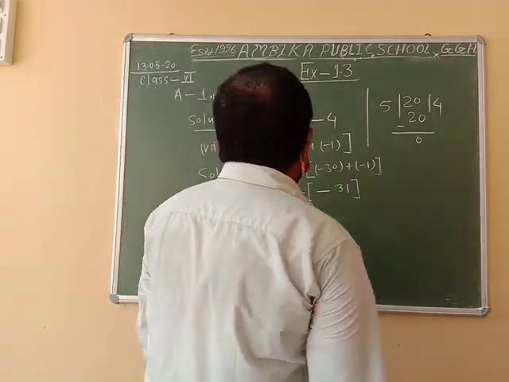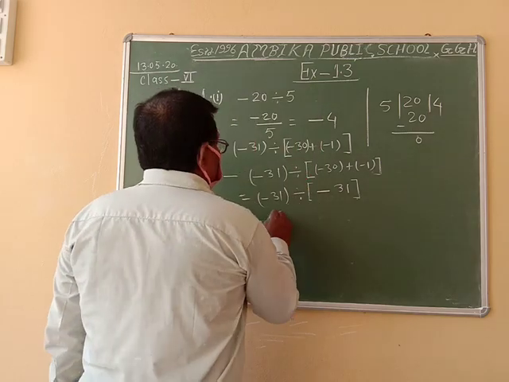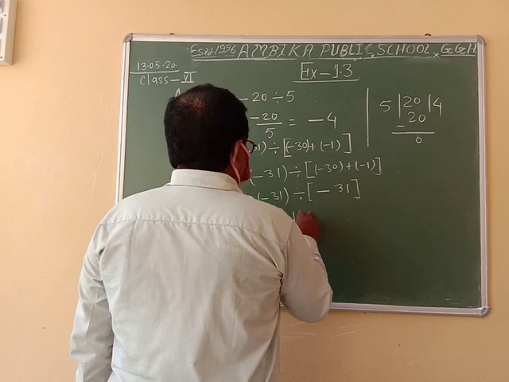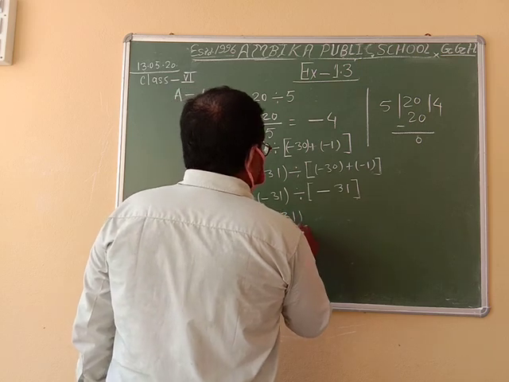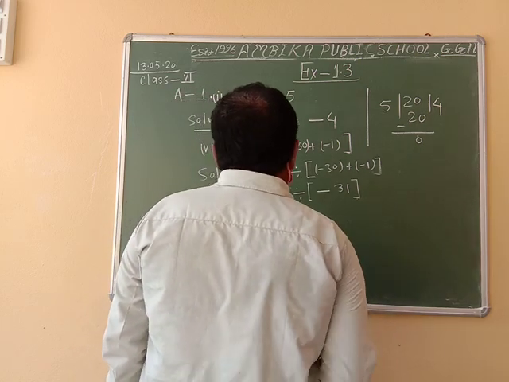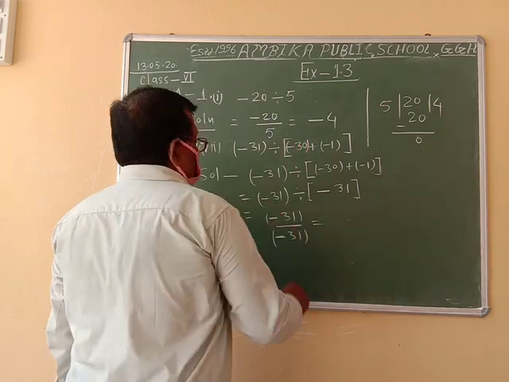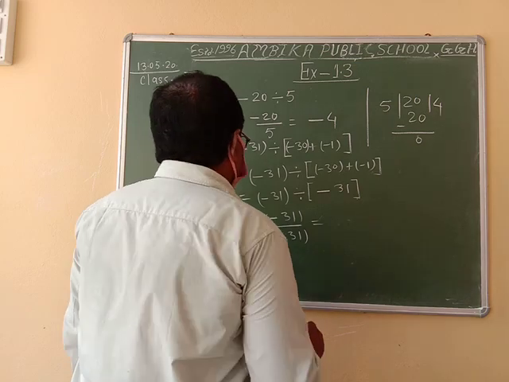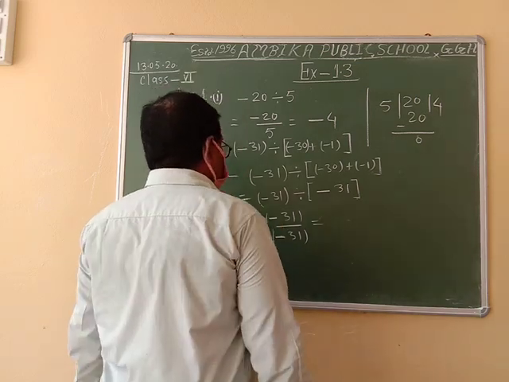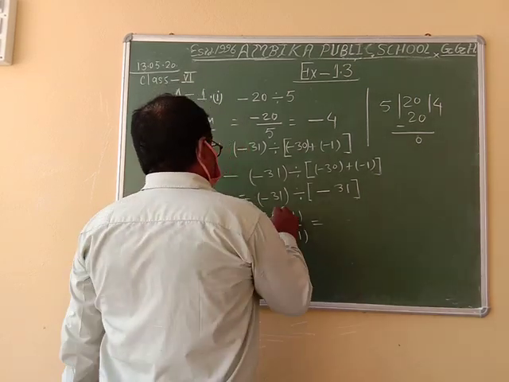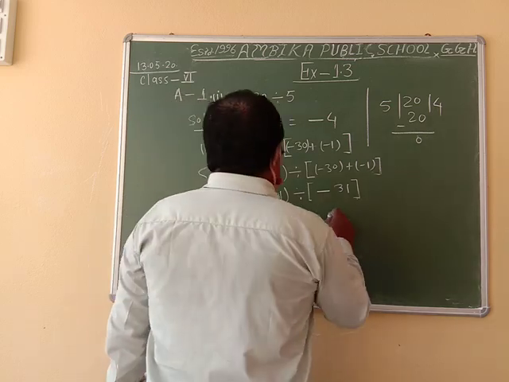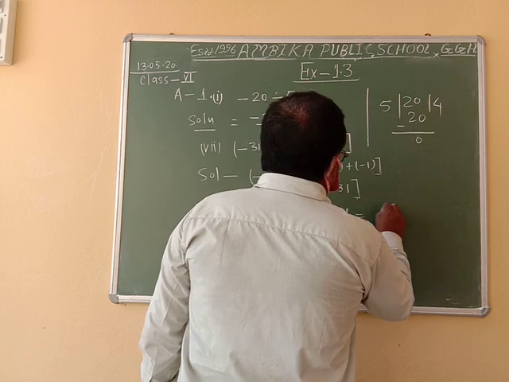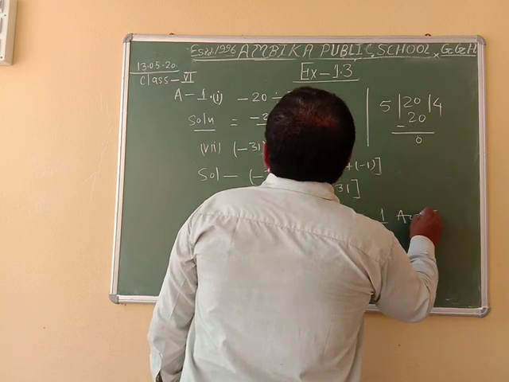So if we divide minus 31 by minus 31, here numerator and denominator have the same sign, so we cancel. It is equal to 1. Answer.